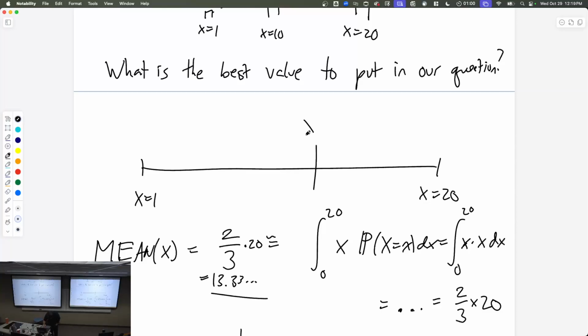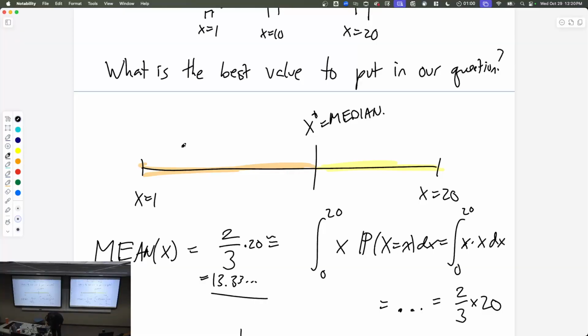So this is x star equals the median. And the median has the property that everything to the left and everything to the right have equal probability. So the probability of being over here is 50%, and the probability of being over there is also 50%. I guess in this situation, it's not going to work out exactly because it's going to be approximately the median, not exactly the median. You're going to say 14 and not 14.333.